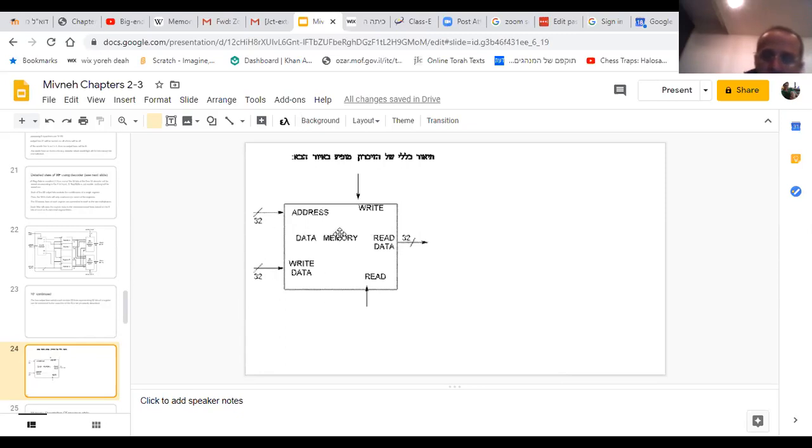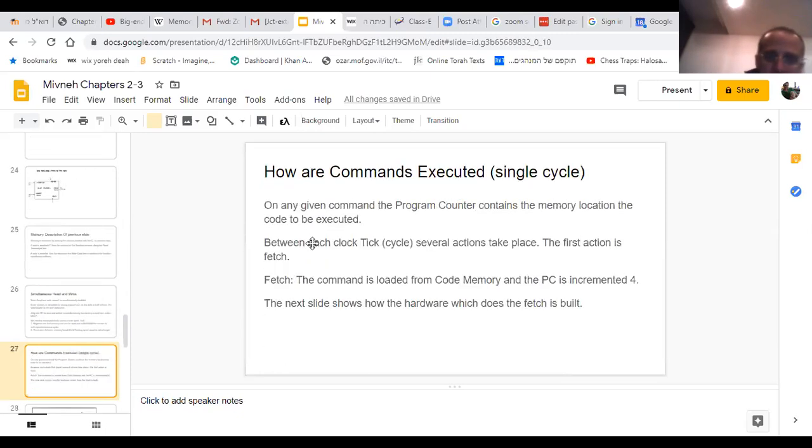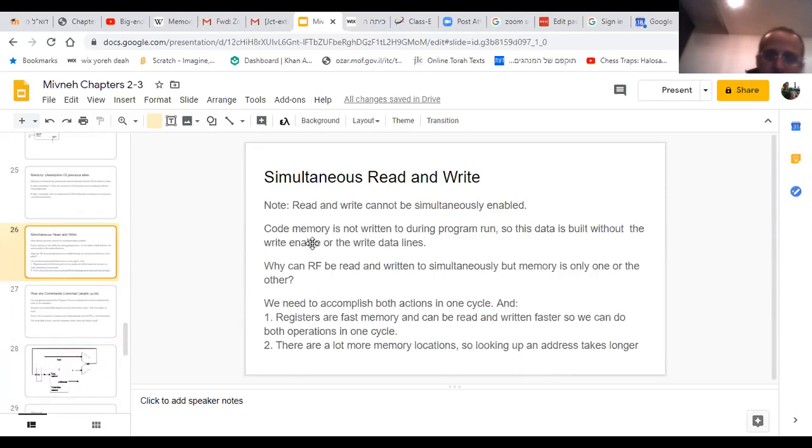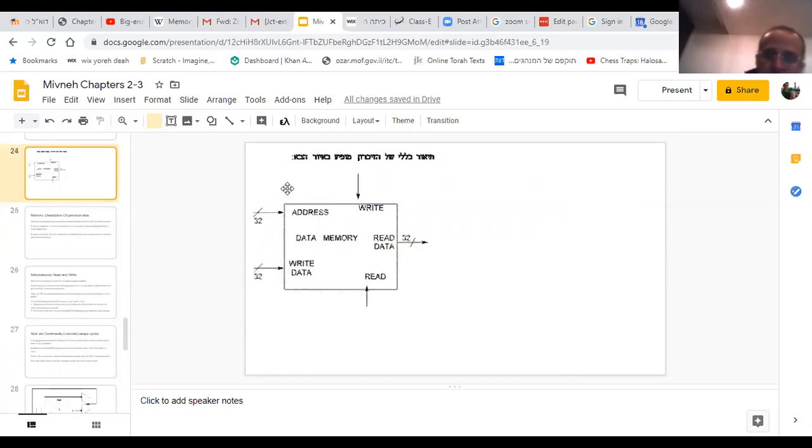We give it an address, 32 bits here. We say I want memory location 100, that's what's written on these 32 bits. Then we light a 1 here and say I want to read. And out here comes the contents of that address, whatever is in that memory.